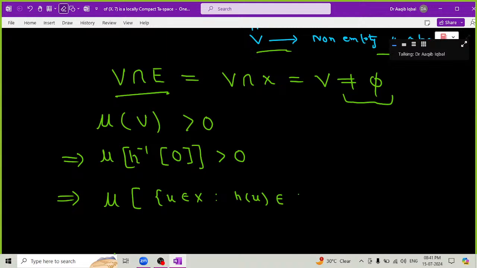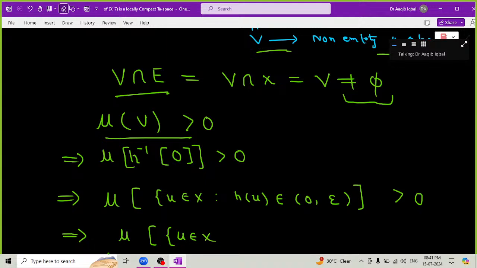O is the open interval 0 to epsilon, right? And its measure is positive, as you saw above. So this means, something interesting is going to come out here, so I suggest you pay close attention to this. This is mu of all those u's in X such that h of u belongs to this. That means h of u is positive and less than epsilon. Okay?